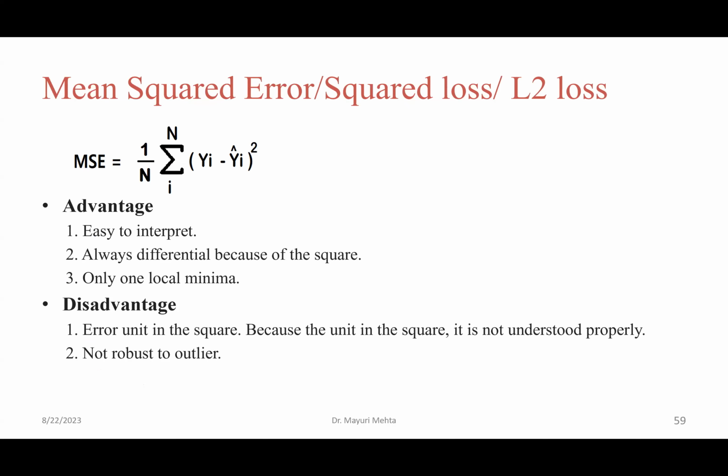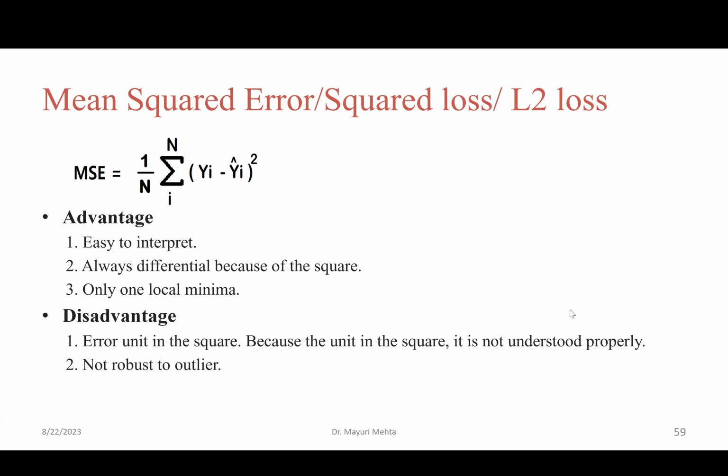So, mean squared error. Mean squared error is the workhorse of basic loss functions, as it is easy to understand and implement and generally works pretty well for the majority of problems.